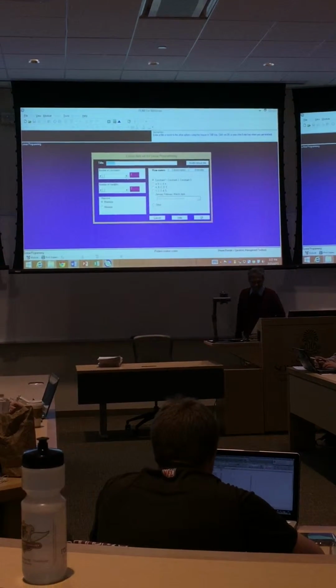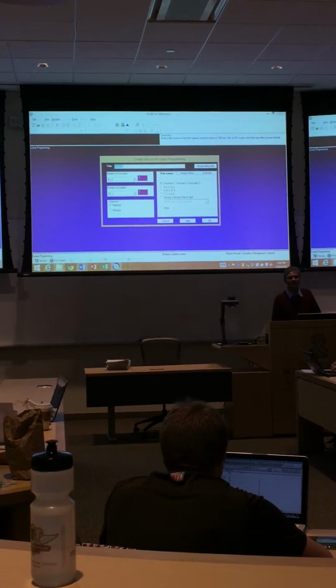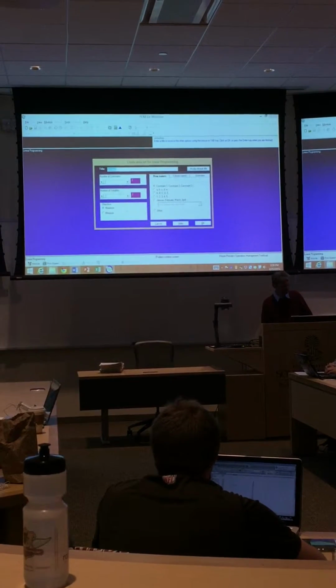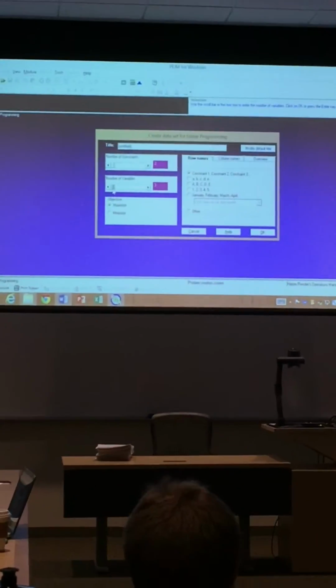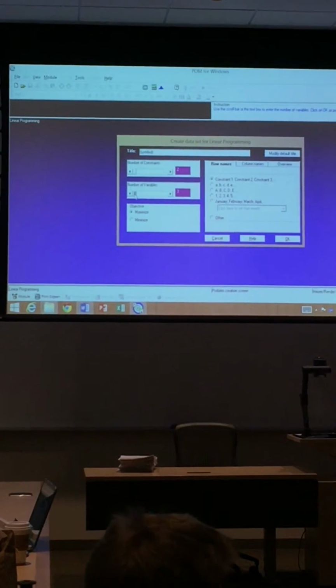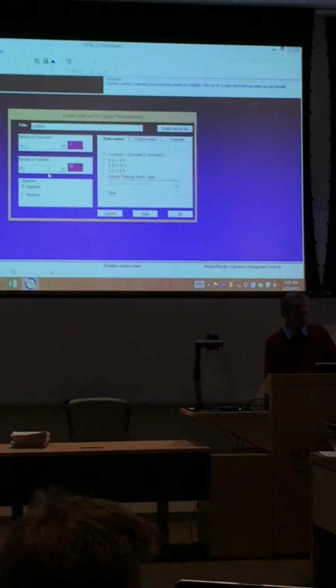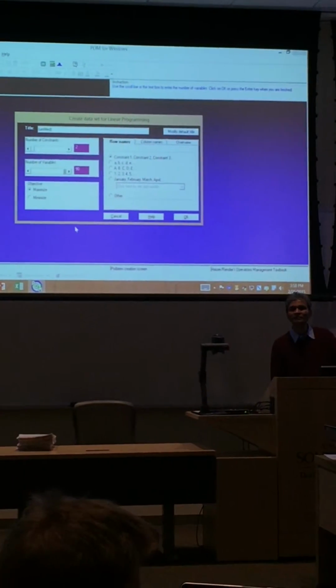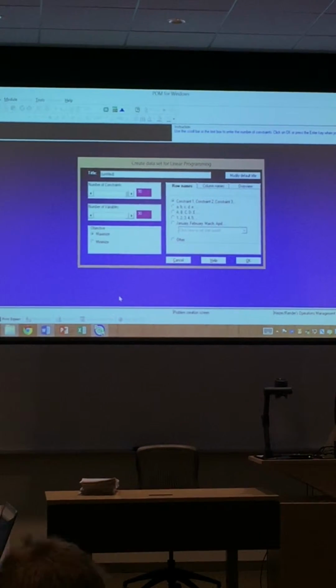So for the guitar problem, how many variables do we have? Three. I don't know if you did this in 395, but I always like to tell you what the capability of this software is. This software can handle a model with up to 90 variables and up to 90 constraints.